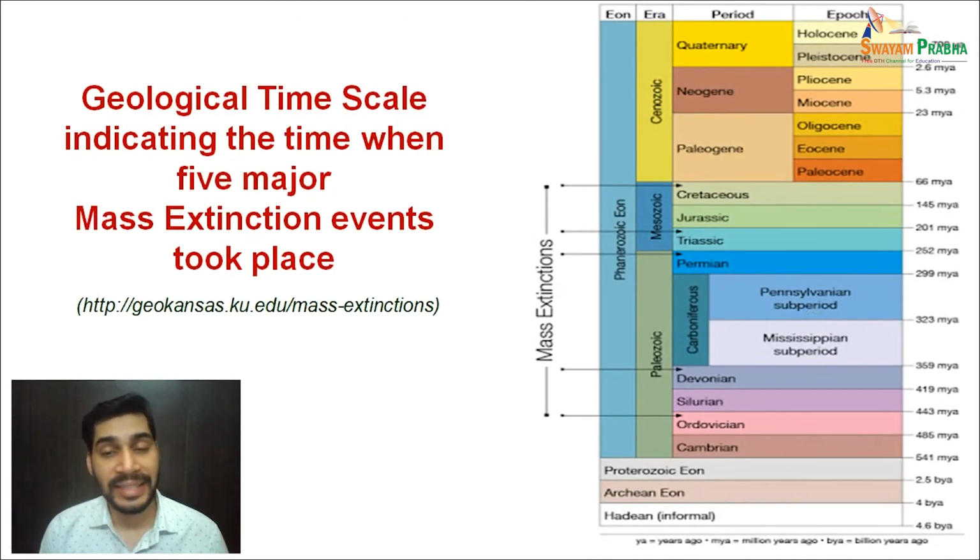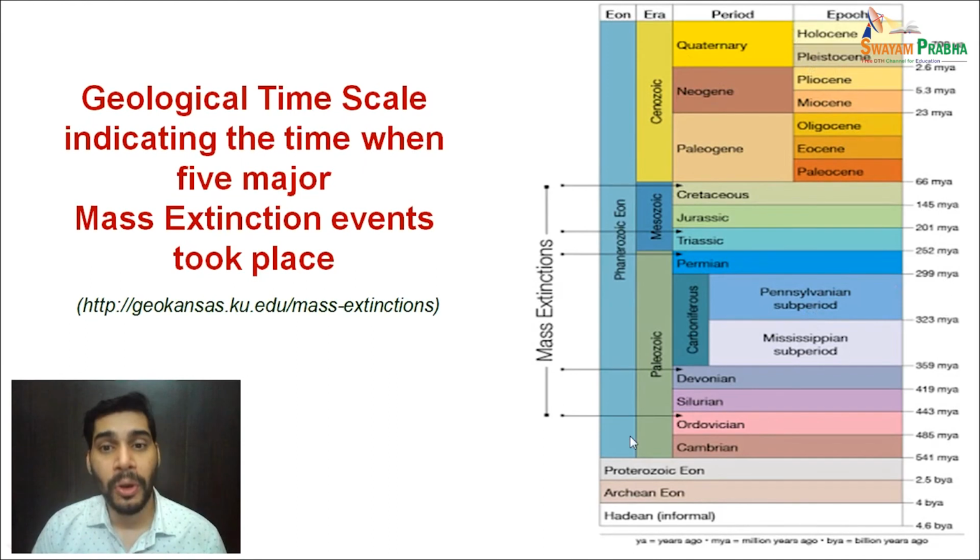Now, as I just mentioned, they have been named according to the geological time when they took place. So you can recapitulate the geological time scale which we took in our previous lectures. Here you can understand that the geological time has been classified in eon, eon into era, era into period, and then periods into epochs.